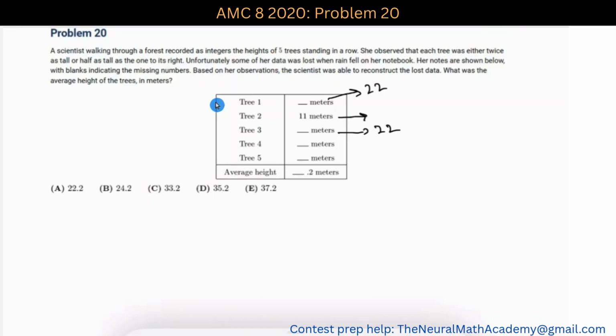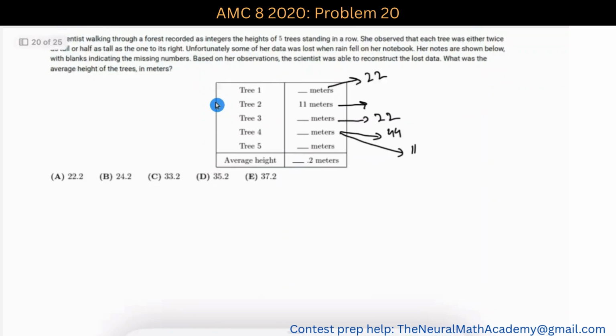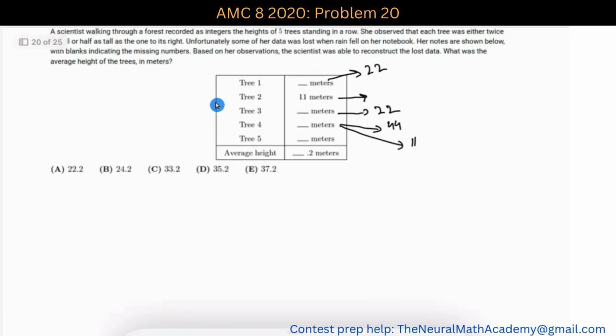One possibility for tree 4 is 44, or it can be 11. Based on the possibilities that we have for tree 4, the result for tree 5 will follow. So now let's make the list.